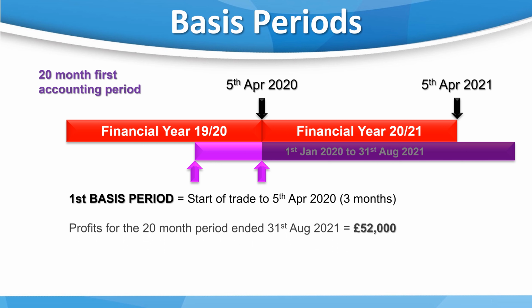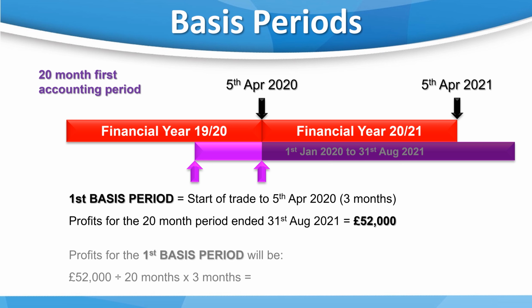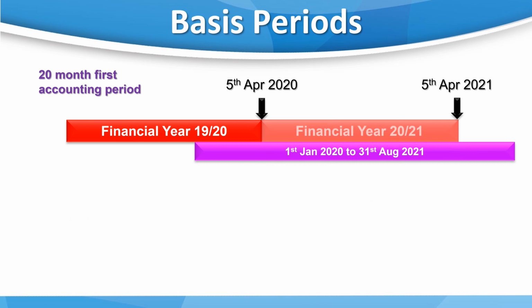If the 20-month accounts show a profit of £52,000, then the basis period profit will be £52,000 divided by 20 multiplied by 3, which is £7,800. The next financial year doesn't have an accounting year end, so we must use a basis period which is the same as the financial year.